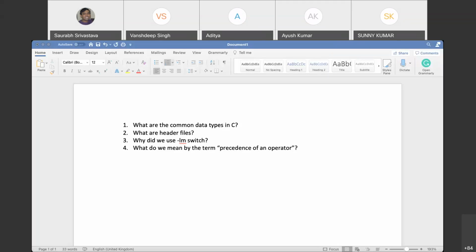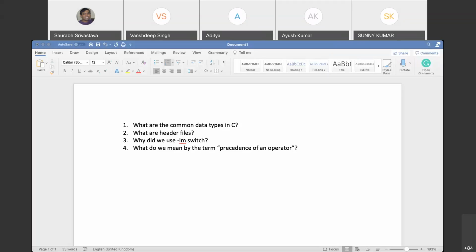So operator precedence does kind of the same thing: when you provide your programming language a particular expression to compute, it has to find out a way. Not all the operations will happen in one go. Some operation will happen first, then the next, then the next.